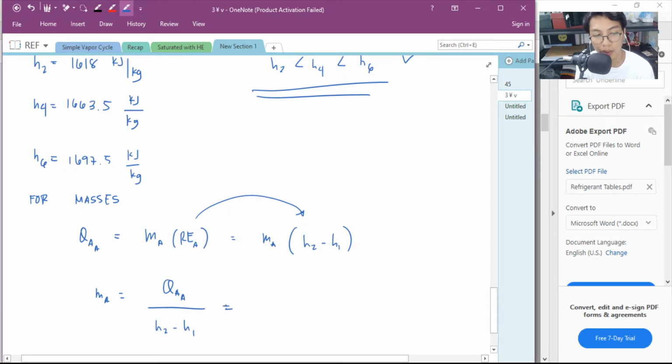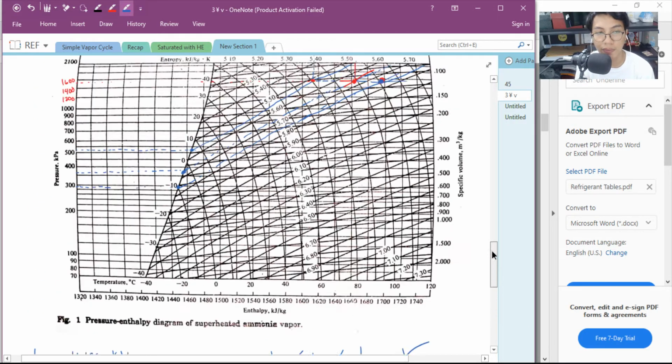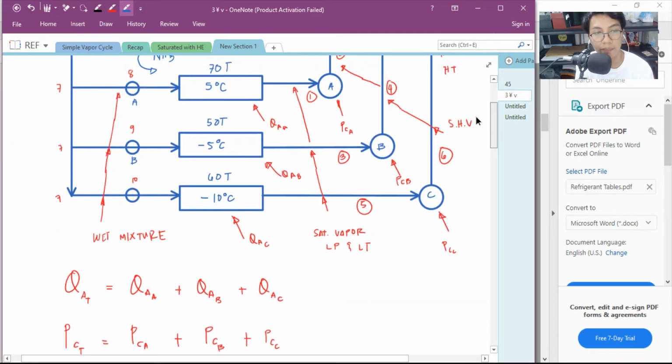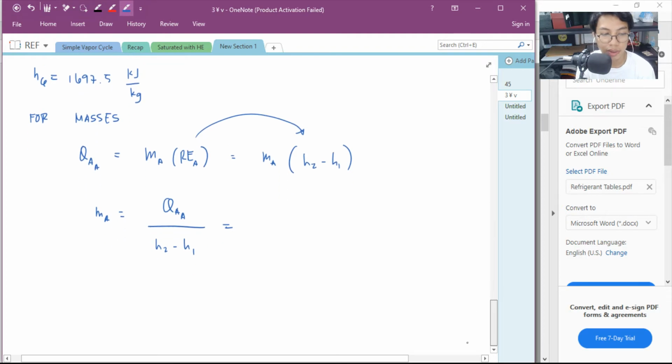Yung QA natin, what is QA? That is 70 tons, 70 tons multiplied to 3.5167 kilowatts per ton. Kilojoule per second na lang, kilojoules in every second per ton. Divided by H2.